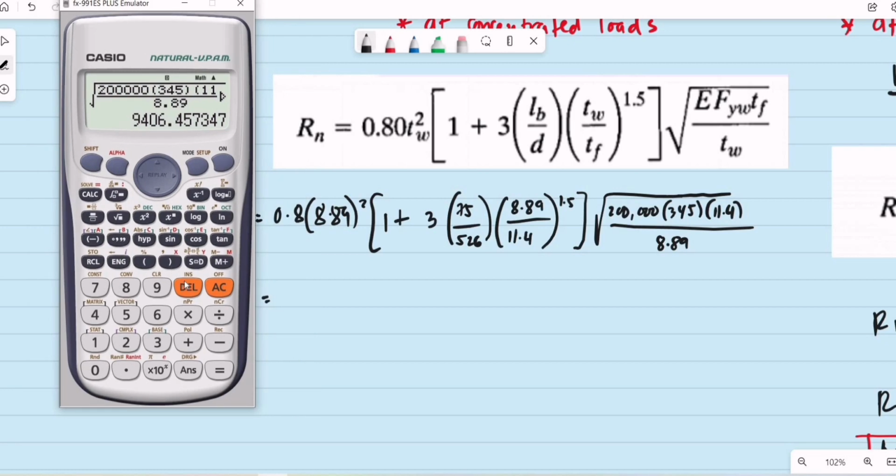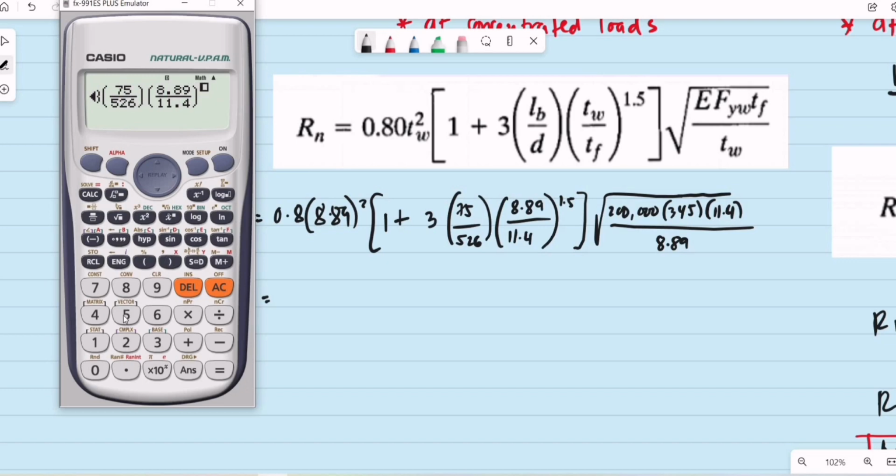Then this value is multiplied by 0.8 times the thickness of the web, 8.89 squared, then multiplied by 1 plus 3 times 75 divided by the depth of the section, 526, times the ratio of the thickness of the web, 8.89, to the thickness of the flange, 11.4, raised to 1.5.